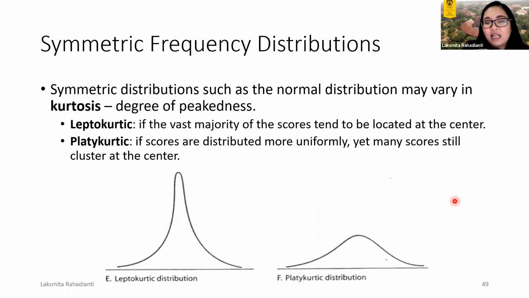The leptokurtic distribution is the one that's narrower in the middle, and the platykurtic distribution is the one that's spread out a little. I usually use a trick to remember which one it is. The word platykurtic looks like platypus, and a platypus is flat with a long beak. That's how I remember that the platykurtic one is the flat one.